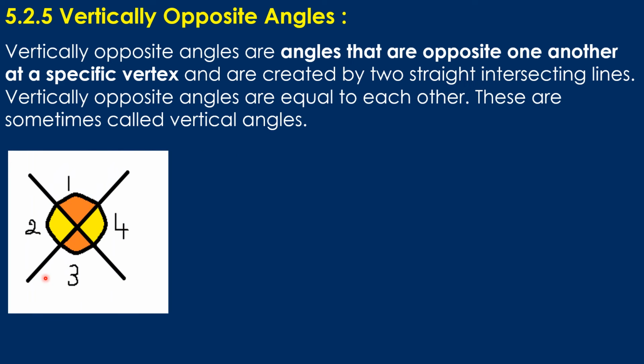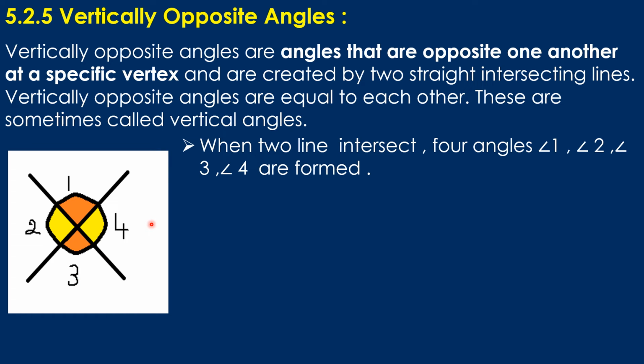So let us understand. Here the two lines are intersecting at the common vertex, and four angles are obtained: angle 1, angle 2, angle 3 and angle 4.